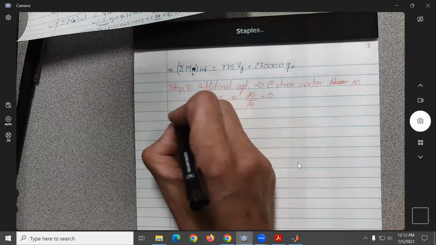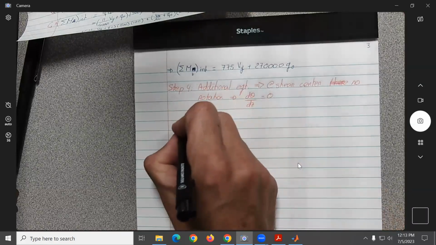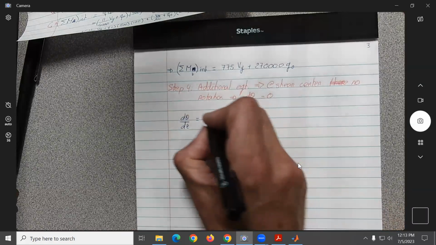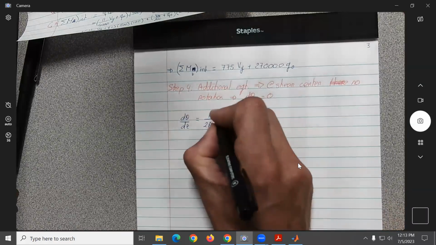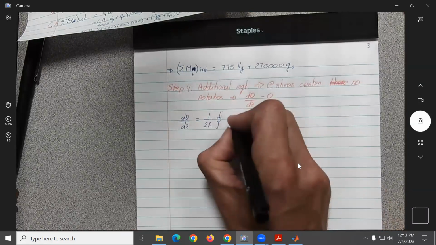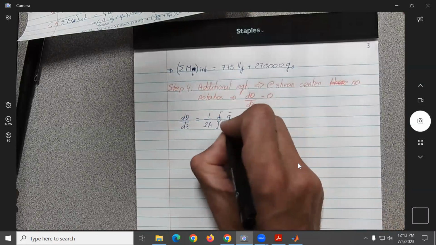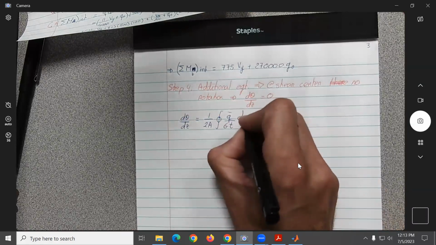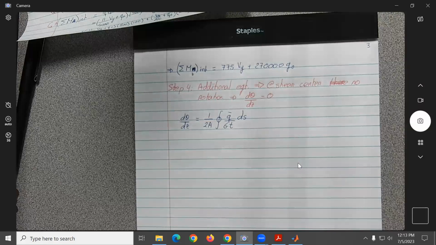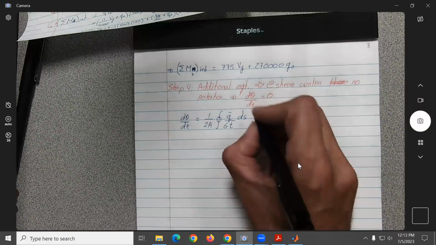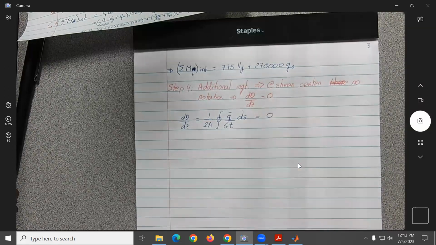Okay, let me zoom out a little bit because now I'm too close. And what was the definition of the angle of twist? It was d theta dz equal to 1 over 2A, go around the cross section of the q bar over Gt ds. And this needs to be equal to 0, no?